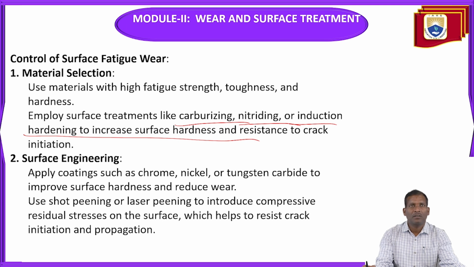Before designing the component, you should select the proper material for the proper application. The fatigue wear depends upon the material's fatigue strength, toughness and hardness. You can also enhance the properties with the help of carburizing, nitriding or induction hardening.